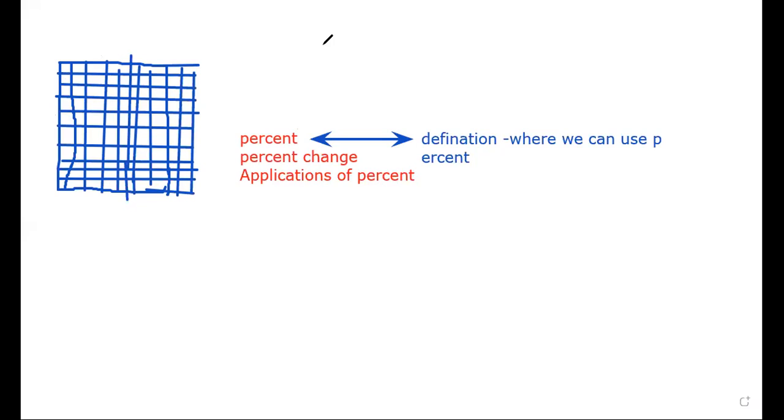So if I want to say 5%, then I'm going to shade how many parts? If I want to represent 5 parts, yes, I'm going to shade. So this is 1, 2, 3, 4, and then 5.